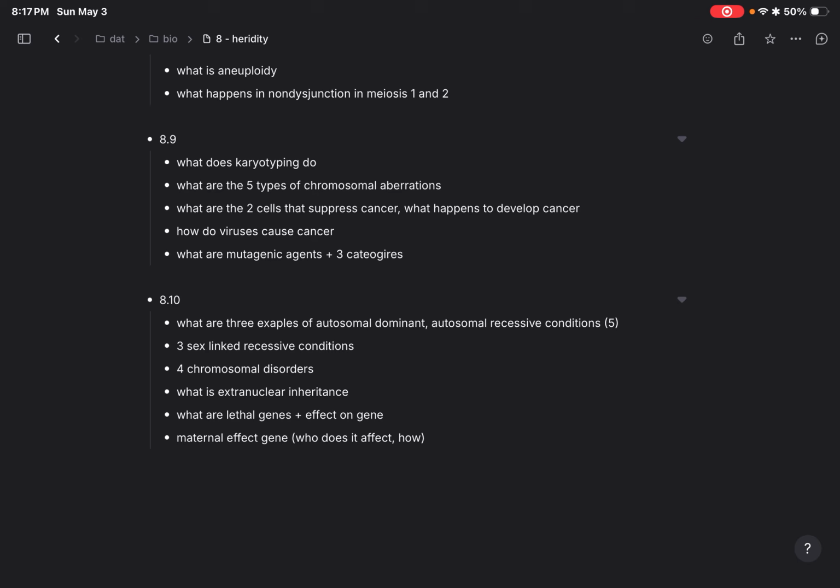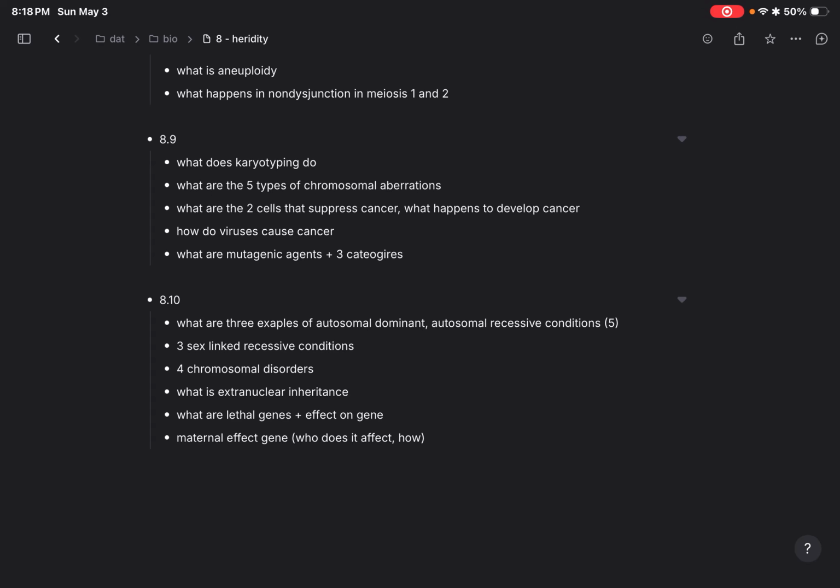What are lethal genes? Some genes will just cause death. Let's say if you have two dominant, then you die. That'll affect the phenotype ratio. If one of them is dead, then it's not going to work, right? So if you have a heterozygous monohybrid cross, and the dominant is lethal, then you're only going to have a 2-to-1 ratio.